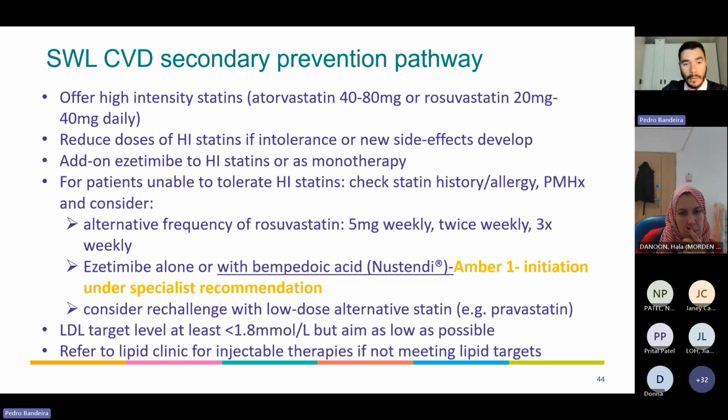It depends on how high the cholesterol is and their medical history. And then, as I've mentioned before, we have Nustendi and ezetimibe also for secondary prevention.